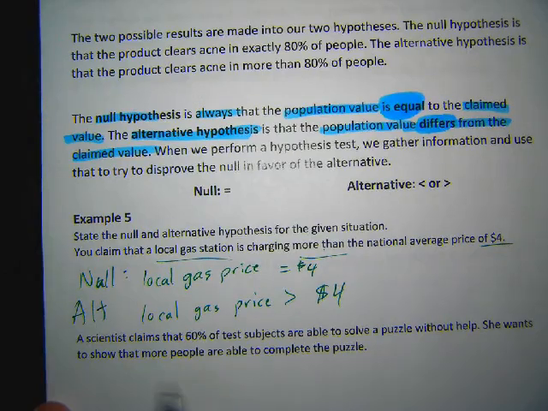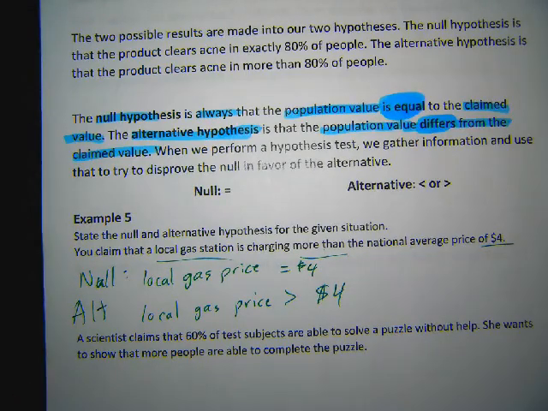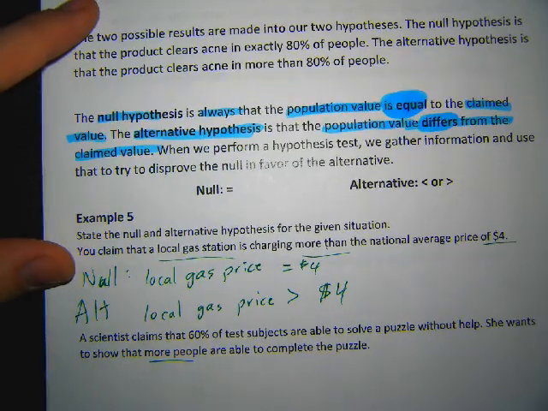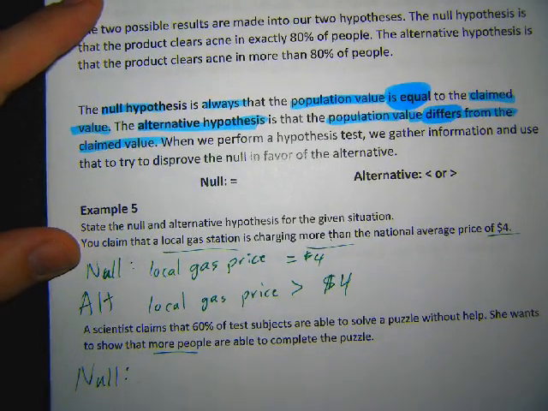Next example: a scientist claims that 60% of test subjects are able to solve the puzzle without help. She wants to show that more people are able to complete the puzzle. So we want to see if we can prove that it is more people than the 60%. So our null would still be equals. Doesn't matter what you're claiming, greater than, less than, equal to. The null is always equals.